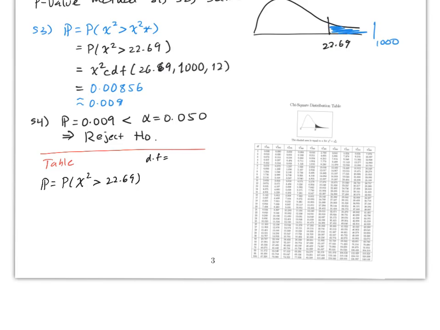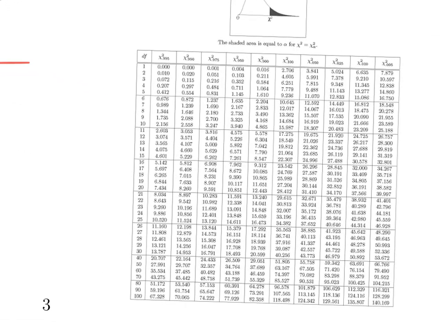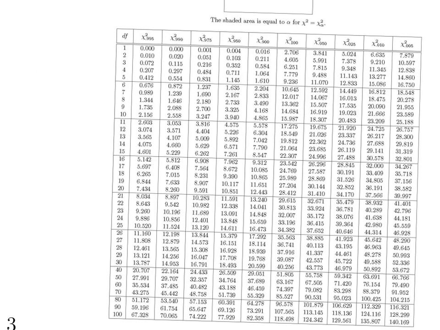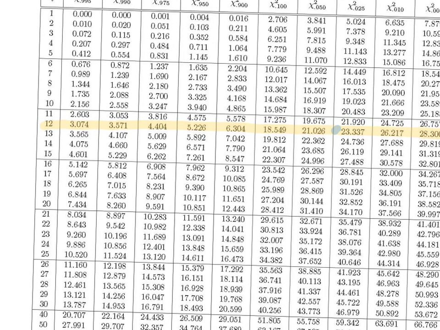Don't forget that the degrees of freedom is 12. So we look at 12 degrees of freedom, which is this one, and you're looking for 22.69. So 22.69 is somewhere in here.